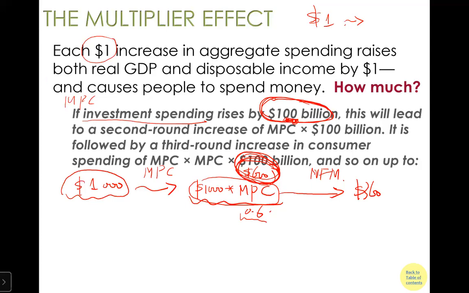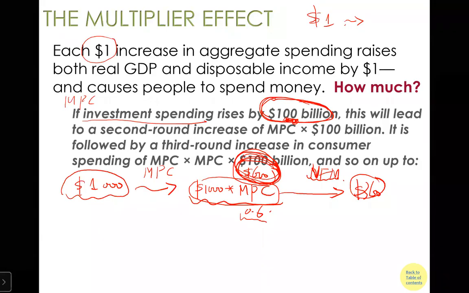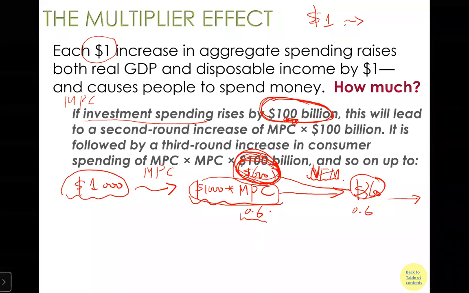They have a celebration because they have some new orders. They spend $360. Just keep in mind this $360 of spending comes from the $600 of income Nebraska Furniture Mart received from me. So they just spent 60% of this $600. Now this $360 becomes somebody else's income. Whose income is it in this case? Charleston's.